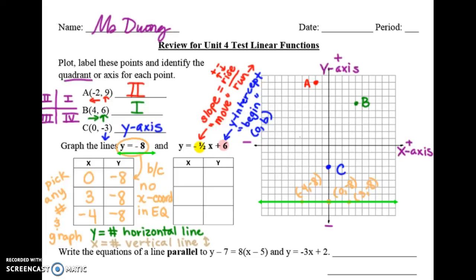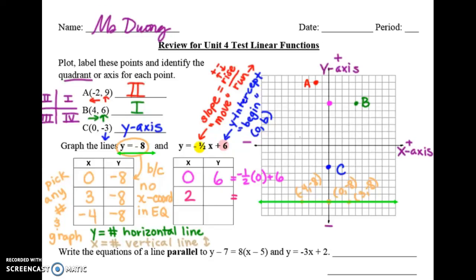If I plug in 0, 0 is a very easy one to substitute, because -1/2 times 0 is 0, and 0 plus 6 will result in a positive 6. So (0, 6) will be the very first point in that fuchsia color. Be careful, 6 is on the y-axis. So you go up 6 from the origin.